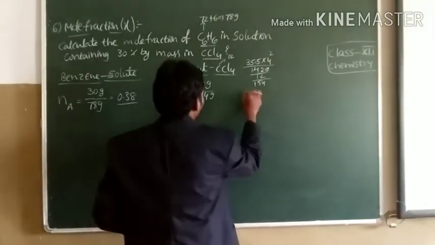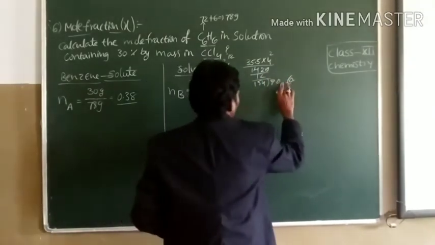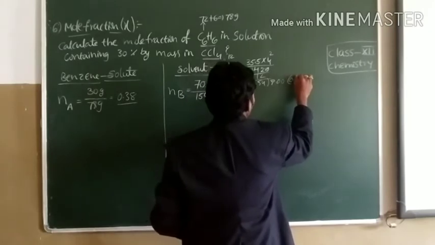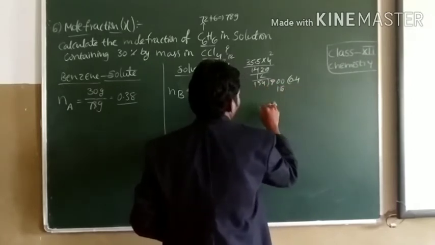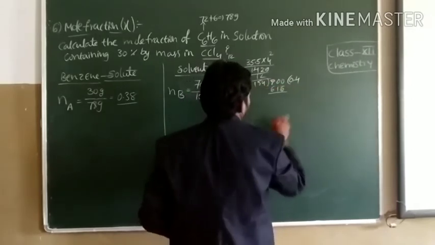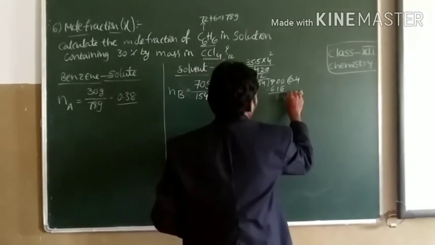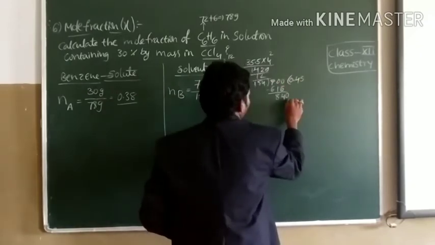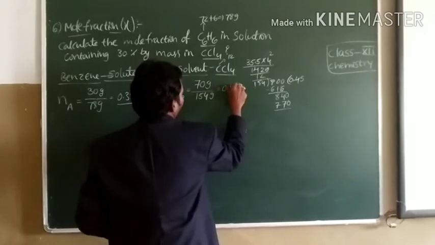Let's simplify this, 70 by 154. On dividing, we get around 0.45 moles.